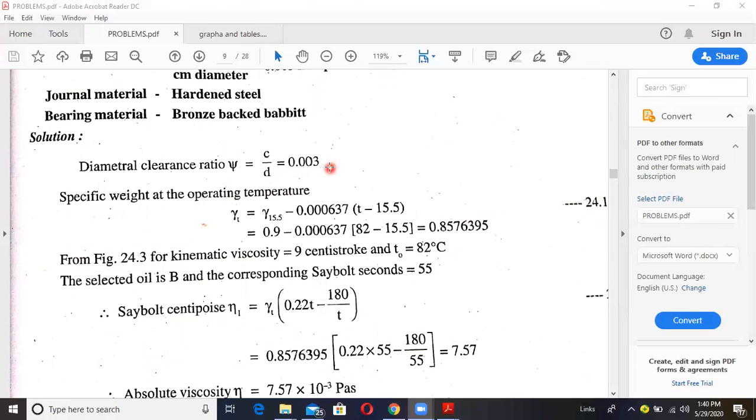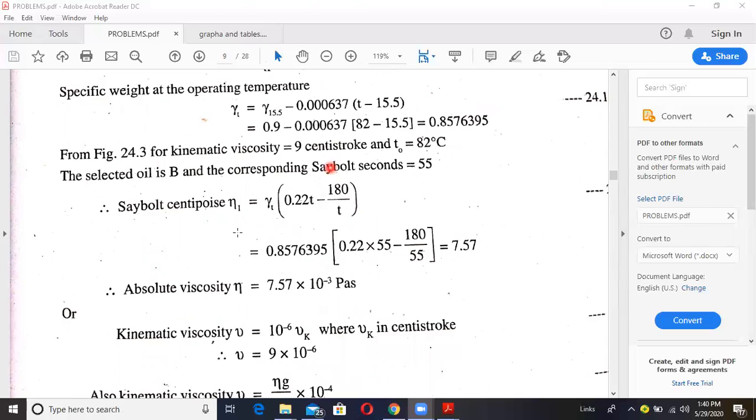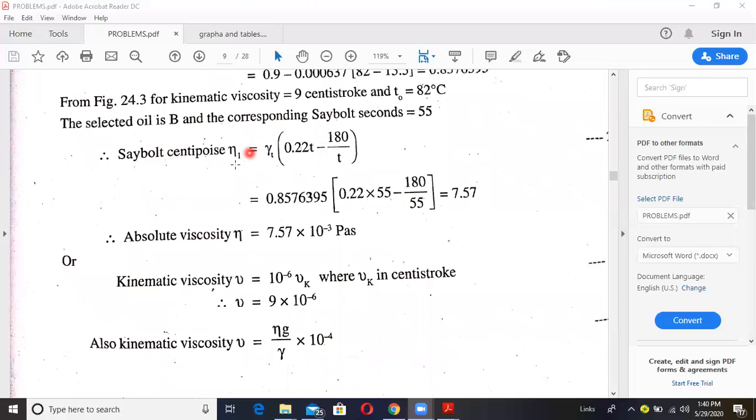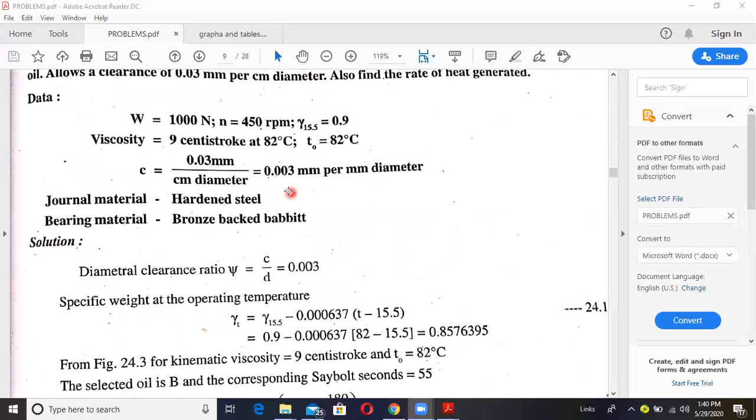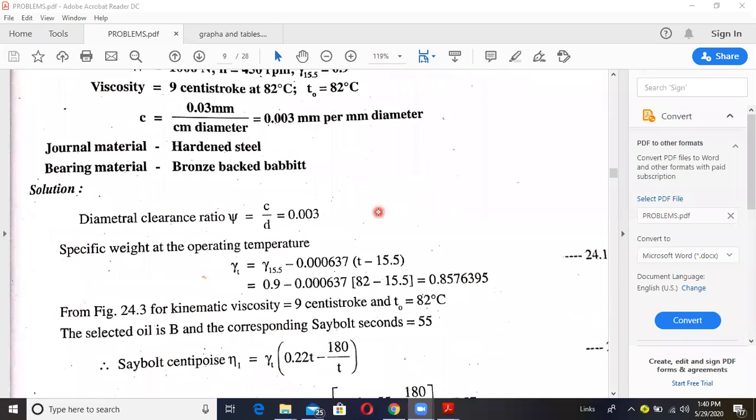Now psi is done. Next we have to calculate the viscosity of the oil, that is the absolute viscosity, eta. Here they have given the viscosity in centistokes, but we have to calculate it in pascal seconds. They have given gamma as 0.9. Yesterday we solved one problem with the same procedure.